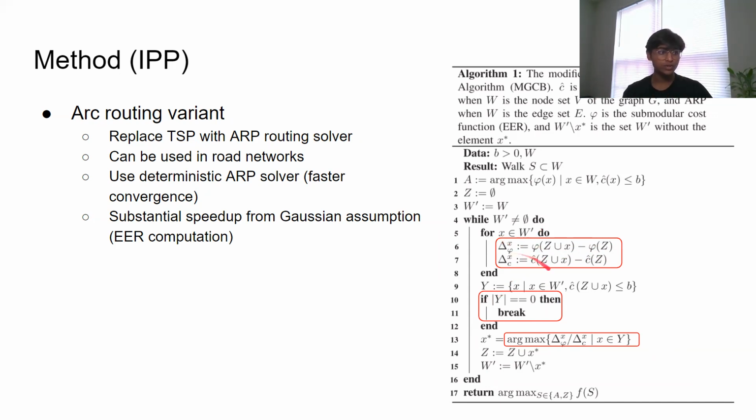Once you get those ratios on line 13, we use the ratios to select the node which has the highest ratio. And of course, we have our break statement here, which breaks out of the algorithm instead of traversing over all the permutations of the graph once the distance budget has been met. So yes, does that answer your question?